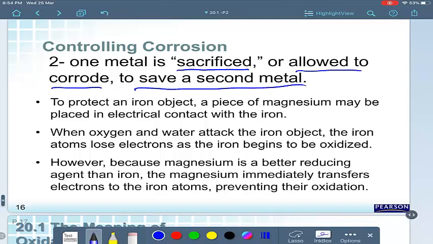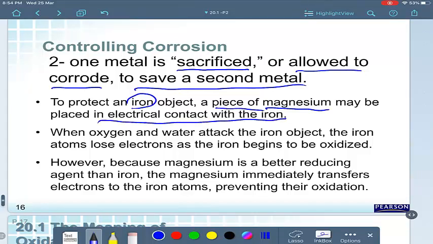How? For example, if you want to protect iron in a bridge, or an engine, we can put another element like magnesium, which is more active than iron, a piece of magnesium or zinc, and place it in electrical contact with iron.